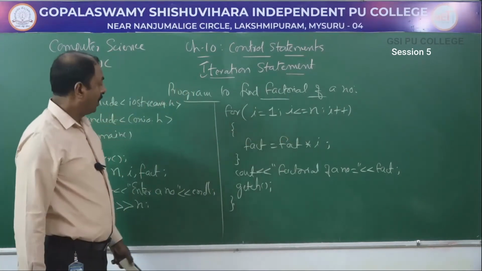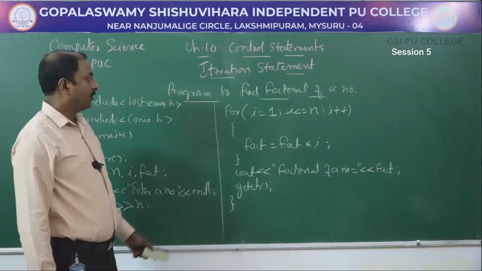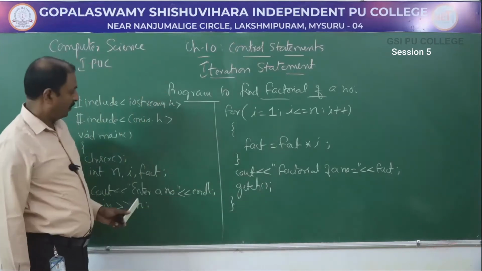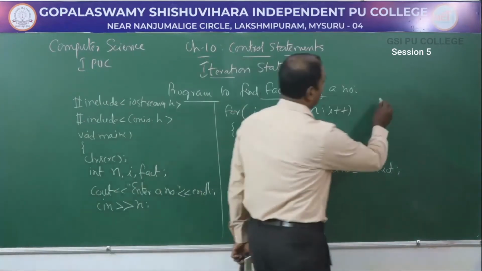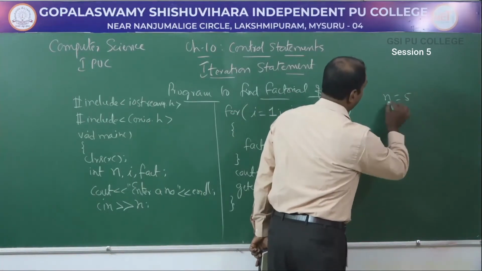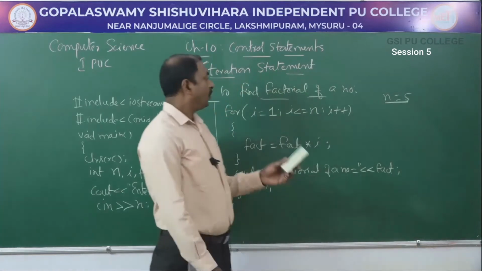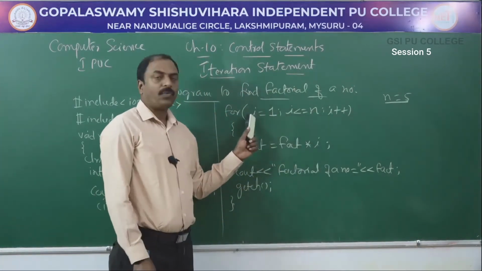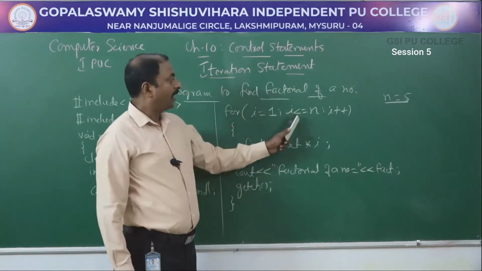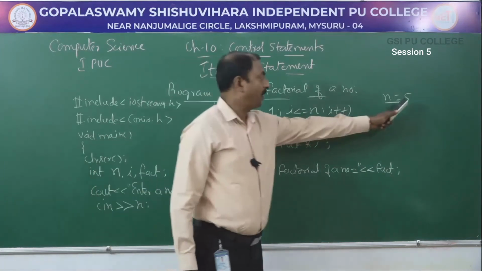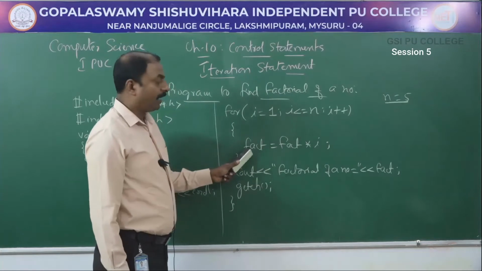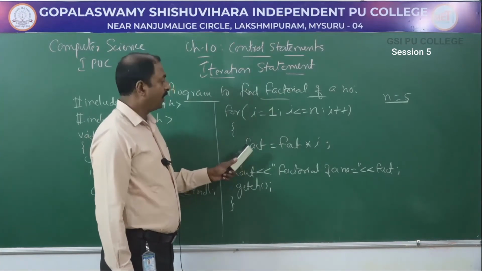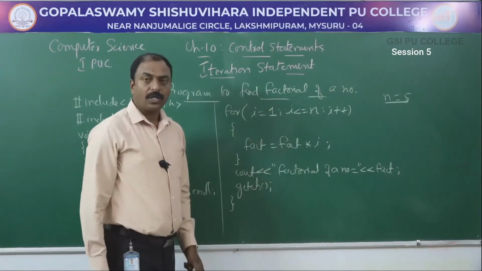Now, let us see how the program is going to work. At the beginning we are going to enter a number. For example, if I say n equals 5, now in the for loop i equals 1, i less than or equal to n, which is 5. The condition is true, so it is going to multiply: fact equals fact star i.